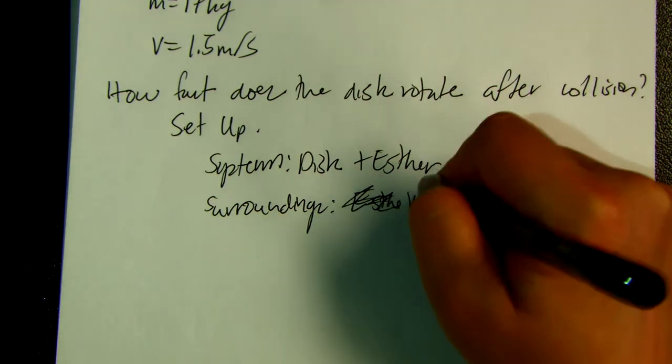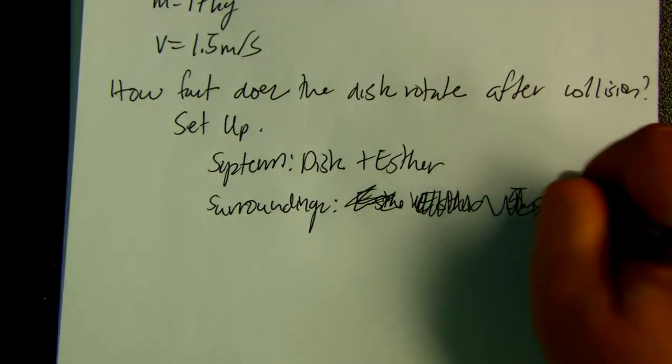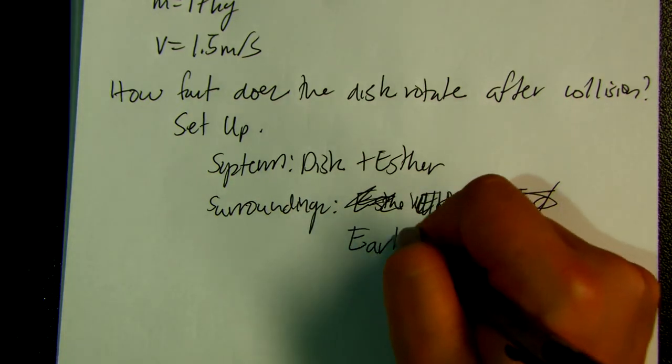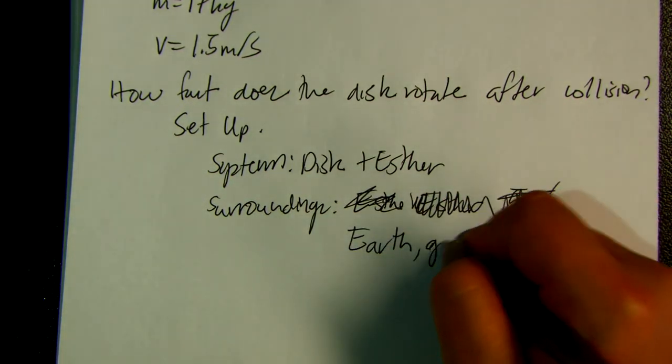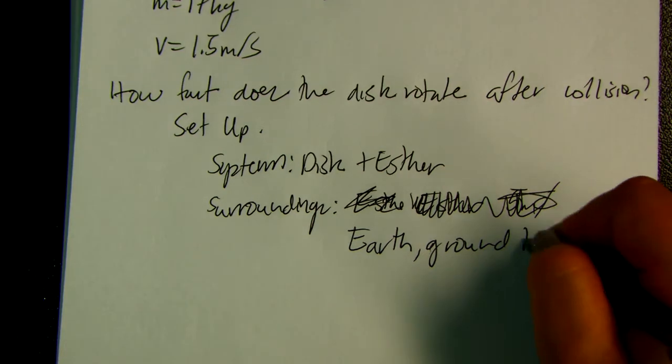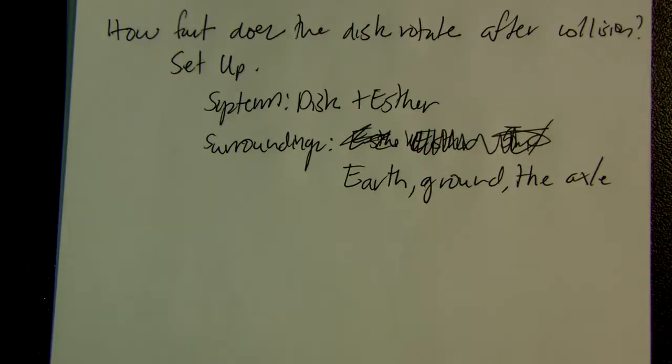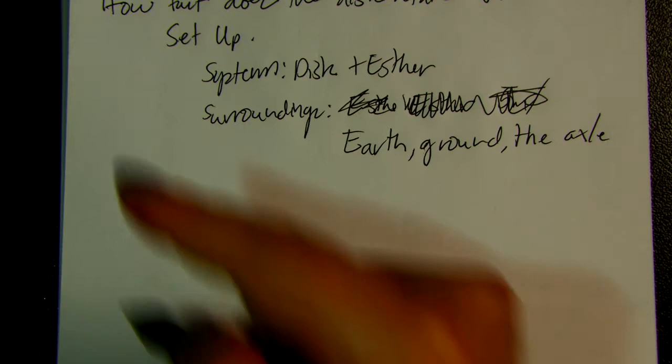Oh, oops, okay. I thought that looked strange. Let me try that again. The surroundings are Earth, the ground, and the axle. So these are not within the system. They can all bring some force. They can all do some work.